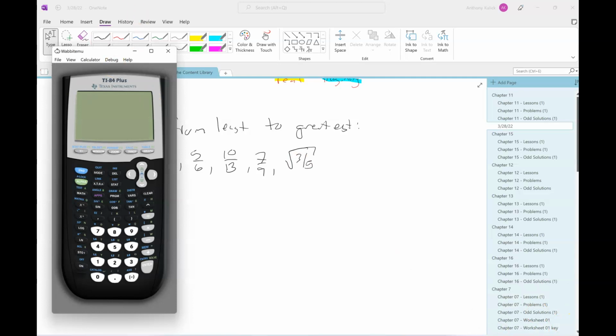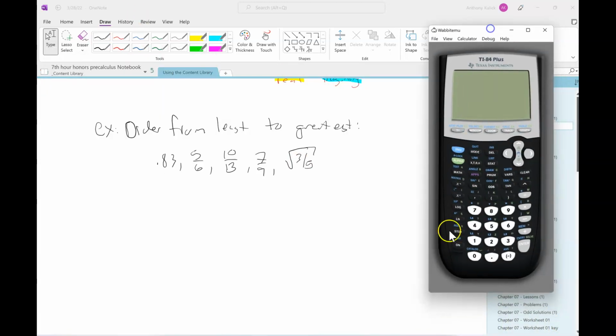The easiest way to convert these to decimals, since they're all numeric, is with our calculator. Obviously, I don't have to do anything with 0.83. So 5/6, just a little bit bigger than that one. 10/13, okay, that's the smallest one so far. 7/9 is the next smallest one.